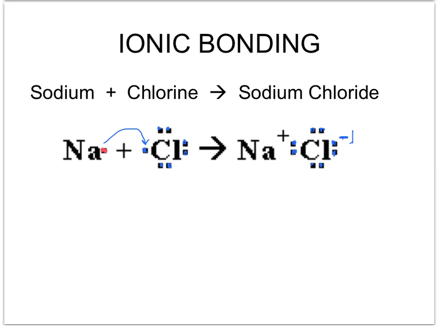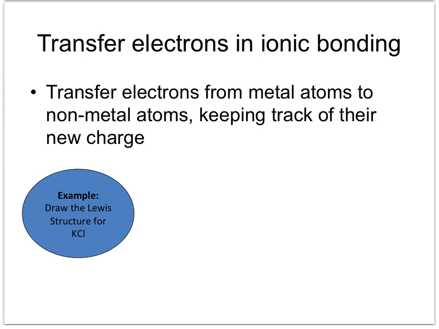And when that sodium electron was given over to chlorine, it became positively charged. It looks like it doesn't have any valence electrons, but it really does, and thus we get this final product on the right-hand side. Let's try an example of showing the transfer of electrons in potassium chloride.